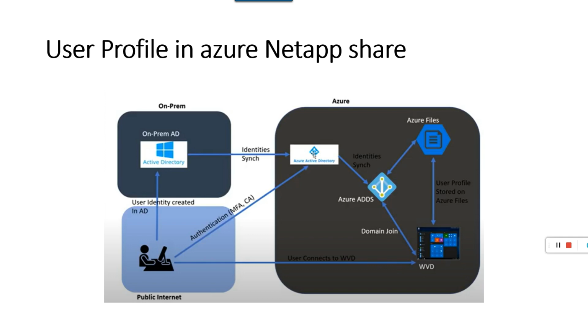Whenever a user logs in to the session host, first it creates a folder on the share path and then locally on the session host machine. Whatever data is on the share path is downloaded to the local profile on that machine, right?